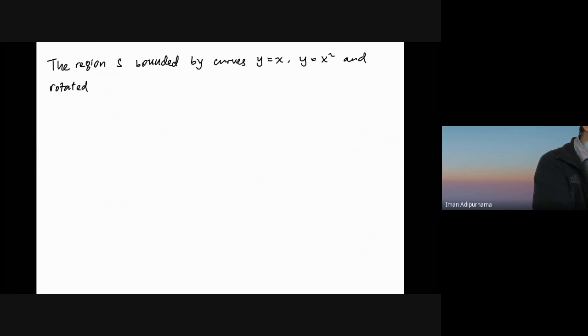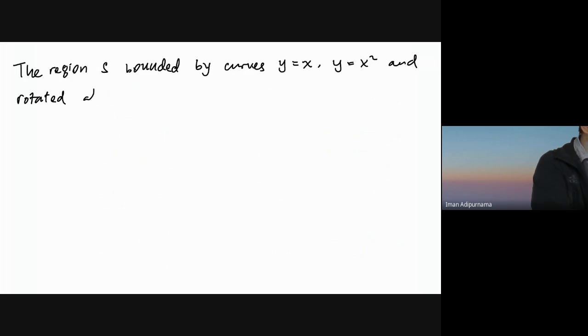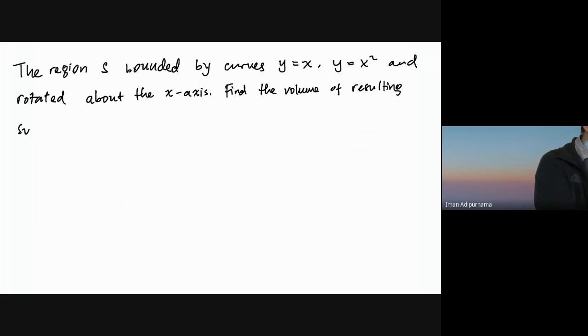If we have the region R, or the region S, bounded by the curves y equal x and y equal x squared, and rotated about the x-axis, find the volume of the resulting solid.